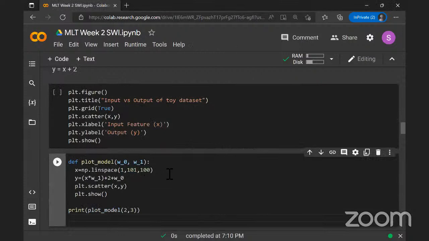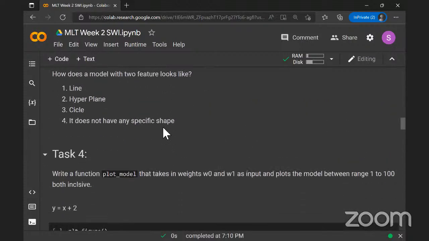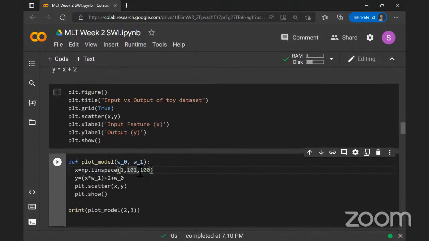Look at it. This first line is generating 100 numbers between 1 to 101. I think what you wanted to do, Mehak, is 1 to 100. Fine, just keep it 100. So all the points are distinct and the difference between two consecutive points will be exactly 1.